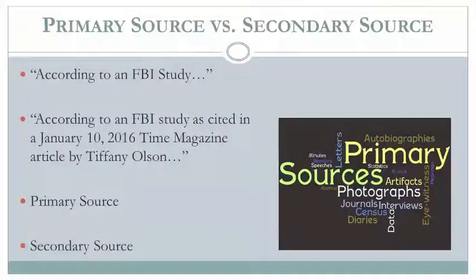And the reason why that matters is because Tiffany Olson might misrepresent what was in that primary source. The primary source is going to be a stronger source. However, we're not often going to go looking for FBI studies necessarily. We might go to Time Magazine and they reference that FBI study.